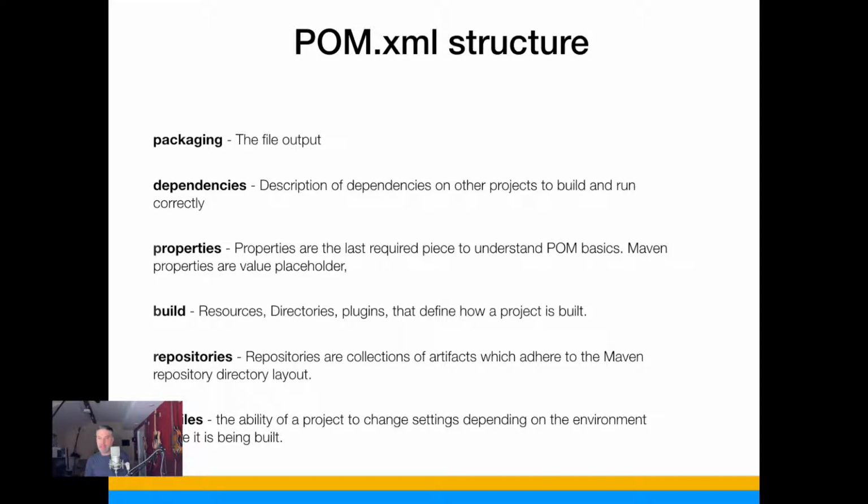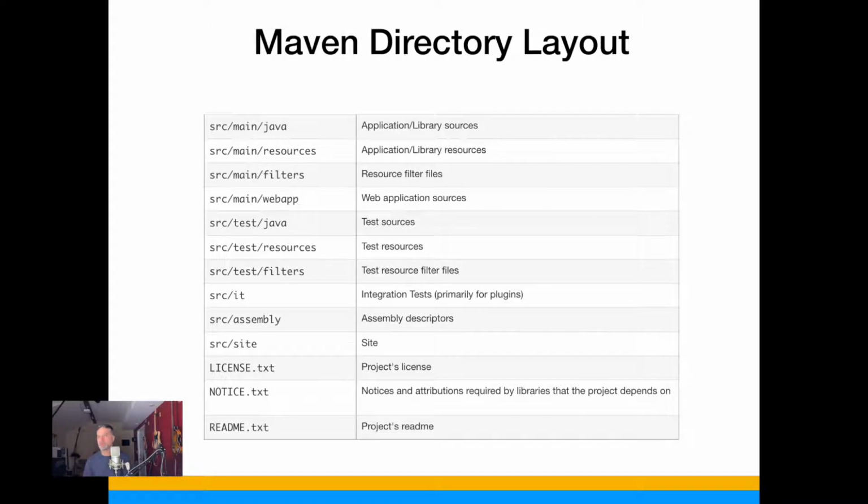You're gonna describe the dependencies, other properties that you are required to understand the basics of the file, how the project is going to be built, repositories, where to look for some of those dependencies, and certain profiles, with the capacity of changing how the environment is going to be run.